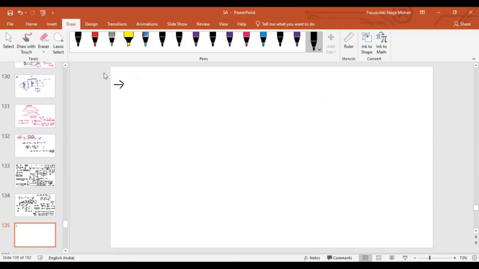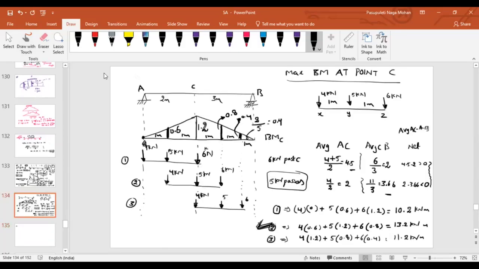Sir, can you go to the previous slide, sir? Sir, if the loads are, suppose, 4, 6, and 5, should we interchange the load order, or should we take it as it is? Can you tell me once again? Here the loading is 4, 5, 6.